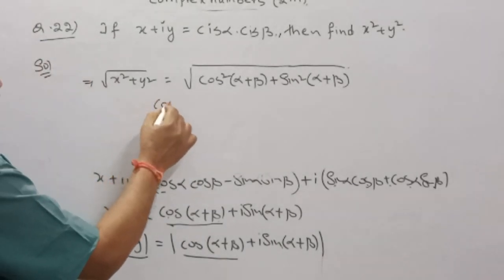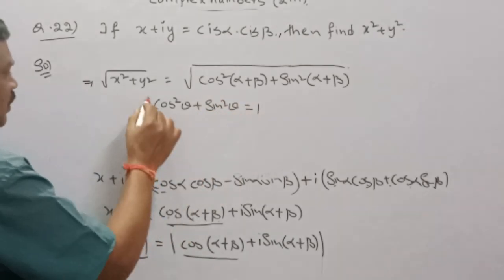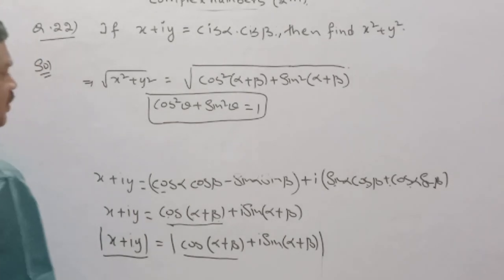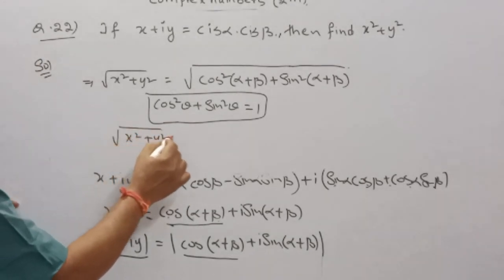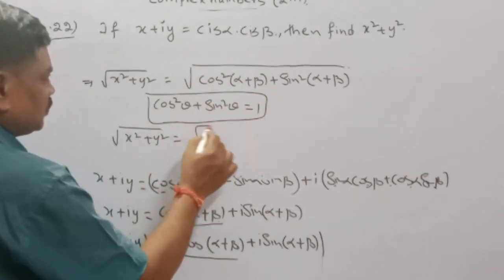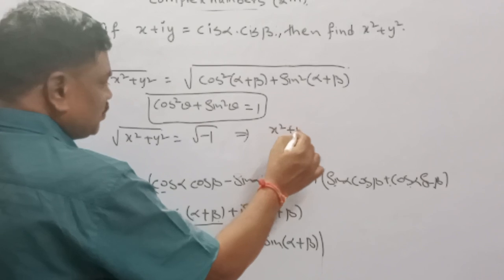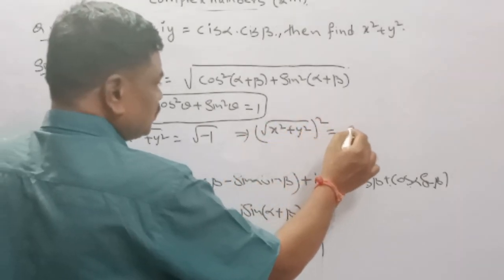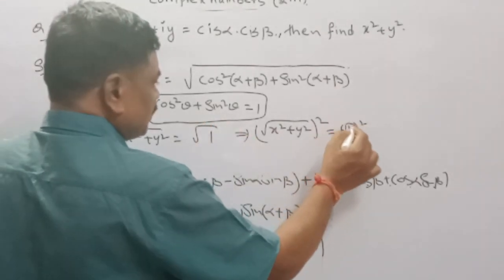We know that cos²θ + sin²θ is equal to 1 by the first identity of trigonometry. Then √(x² + y²) is equal to √1.